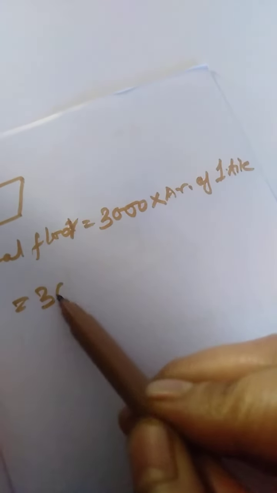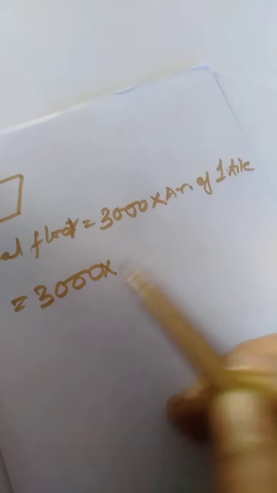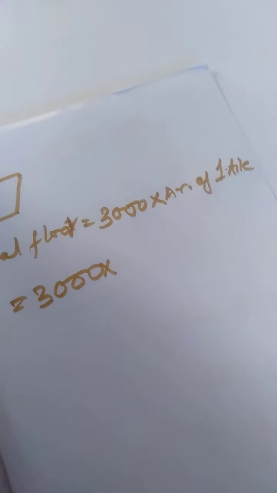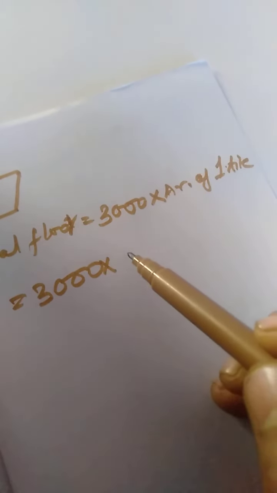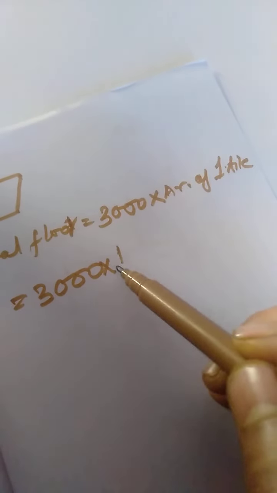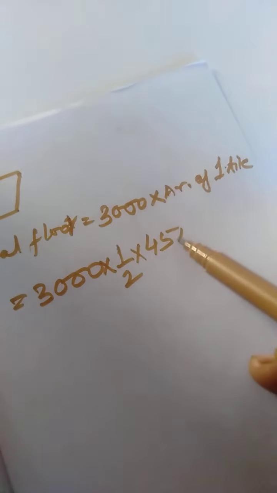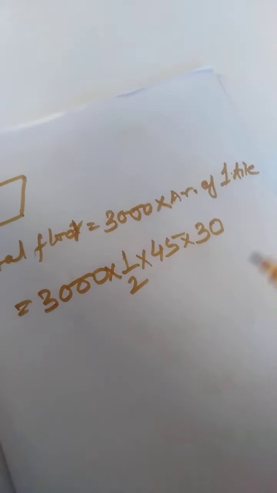Or it equals 3000 into, now because the diagonals are given as 45 centimeter and 30 centimeter, it is half into 45 into 30.